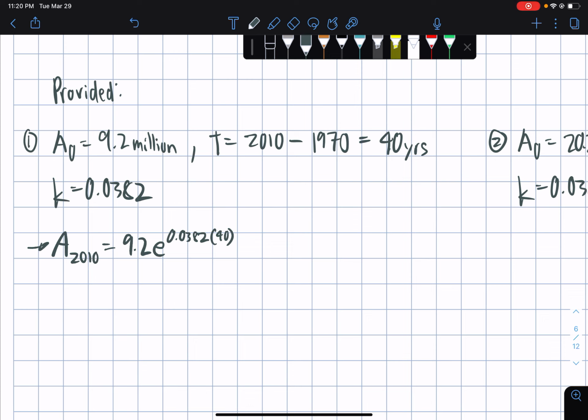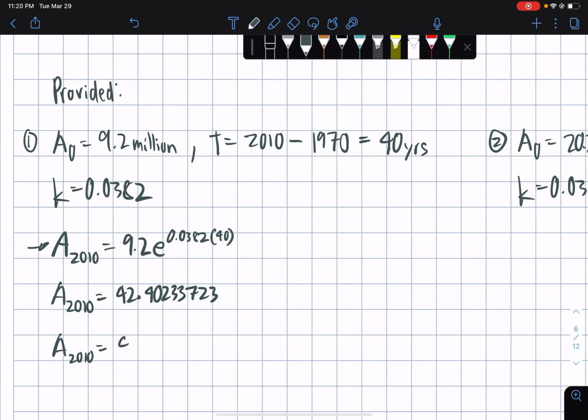So place that in the calculator. 9.2 Euler's number raised to 0.0382 times 40. The answer is 42.40233723.